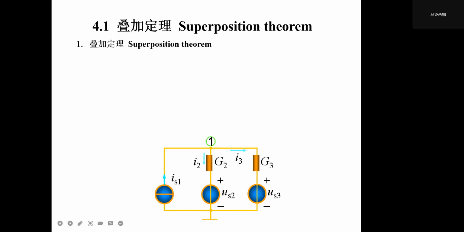This theorem tells us that in a linear circuit, the current or voltage on any branch can be regarded as the algebraic sum of the currents or voltages produced when each independent power supply acts on the circuit alone.